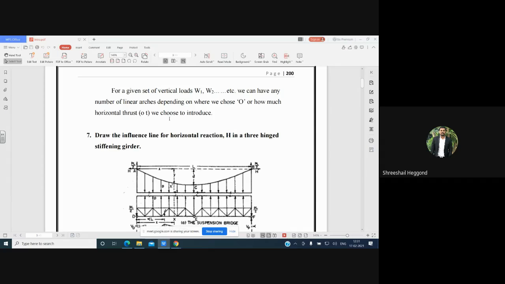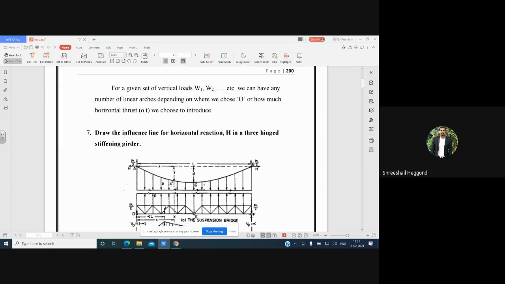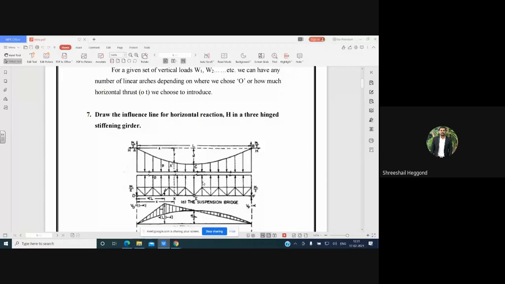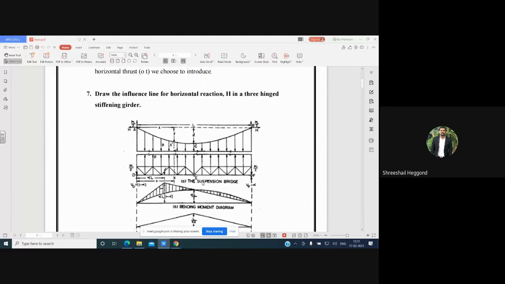But in our three-hinged arches or two-hinged arches, we are not finding the horizontal member reactions. We'll be finding the moments and reactions for different sections of the arches.